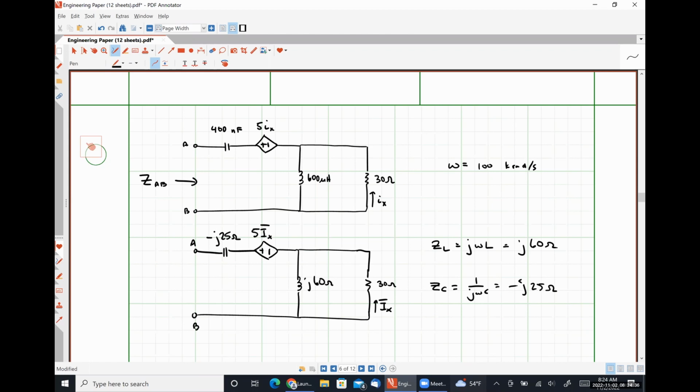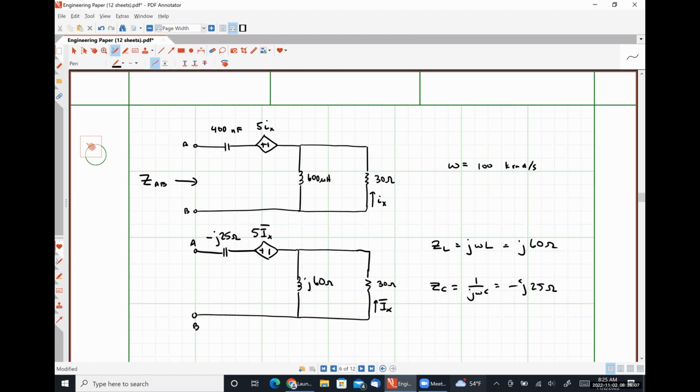All right, so I'm trying to think about how we would wind up doing this, or if it's possible to do this without using a nodal analysis or mesh analysis here.